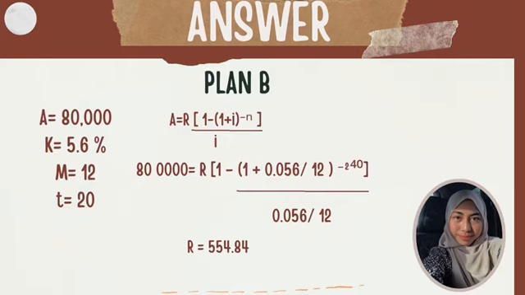First, we list the information that is given. For the formula, we use the same formula as plan A to find R. Then, we put all the information that is given into the formula. Then we get the answer for R, which is 554.84.